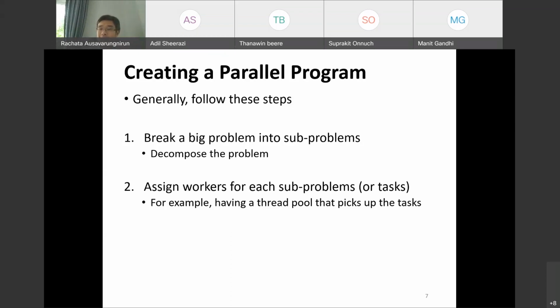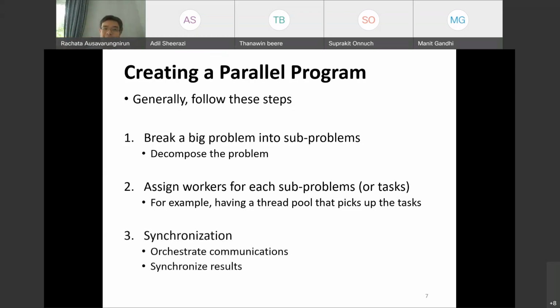So you need to basically build a system to handle how I assign tasks to CPUs. And then I synchronize, right? Once I have the answer to each of the sub-problems, how do I synchronize the results and generate the answer to my big problem, right?